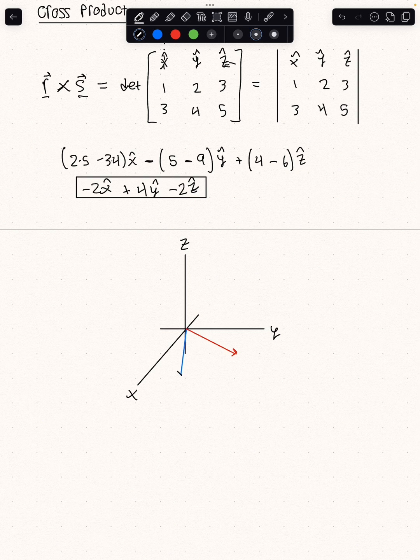So if we continue these two vectors to make a parallelogram, something like this, it's not the best drawing, but the area of the parallelogram created by these two vectors is going to be the size of the vector perpendicular to this plane that these two vectors span. So this guy here is going to be a new vector, which is this guy.